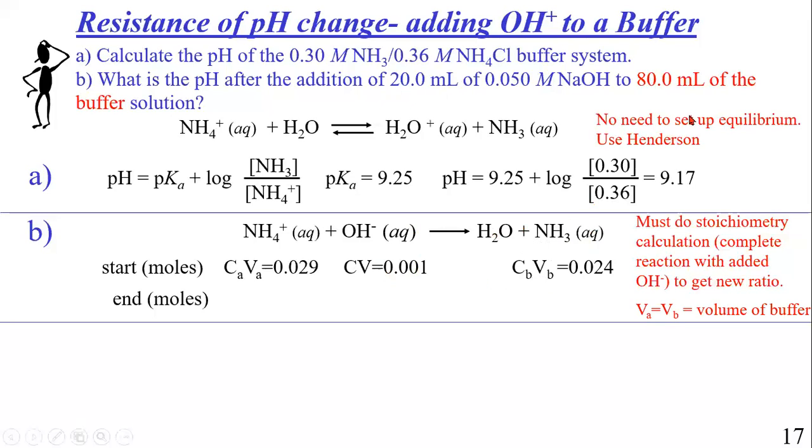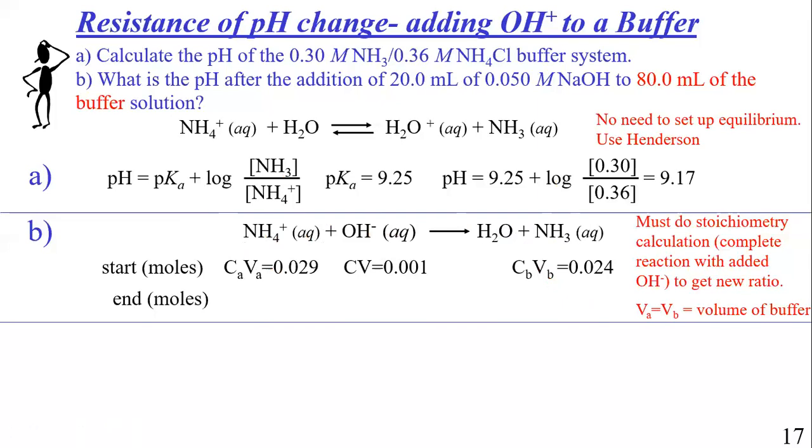And guys, when they tell you I have 80 milliliters of buffer, honestly, it doesn't mean that I have 80 milliliters of this ammonia and 80 milliliters of NH4 plus. No, I have a single solution which has the acid and the base mixture, and the volume of that solution is 80. And no, it doesn't mean that I divide this by 2, okay? It means that the volume of the acid or the base of the buffer is 80.